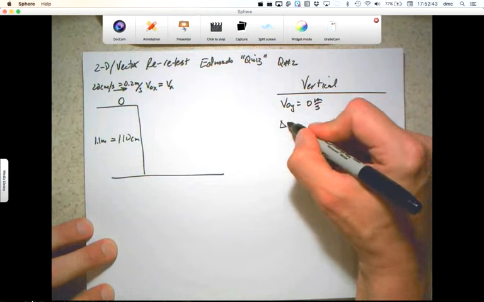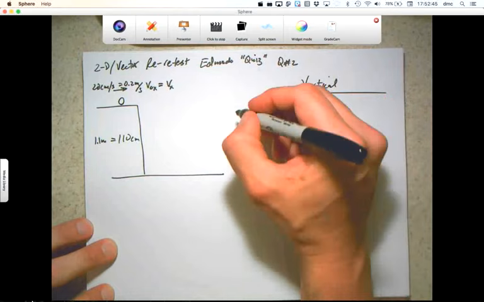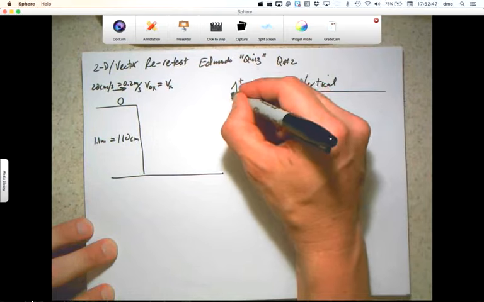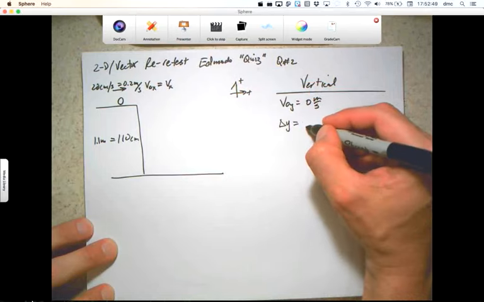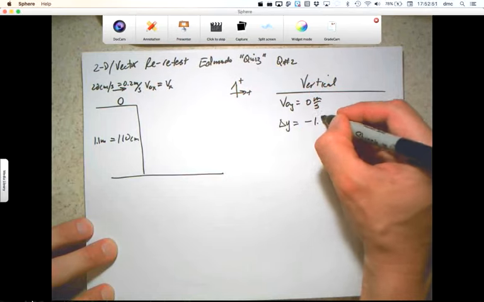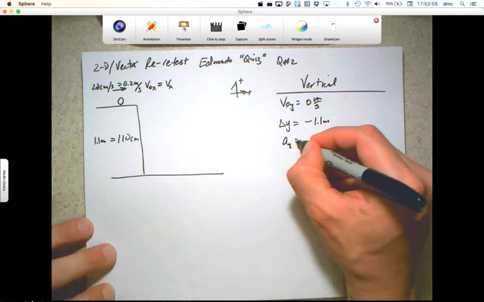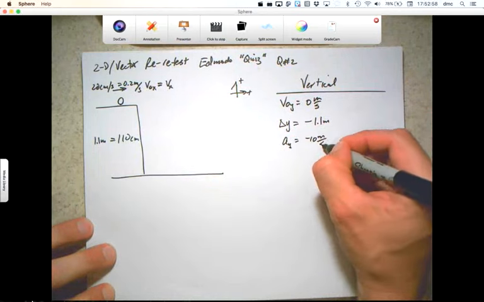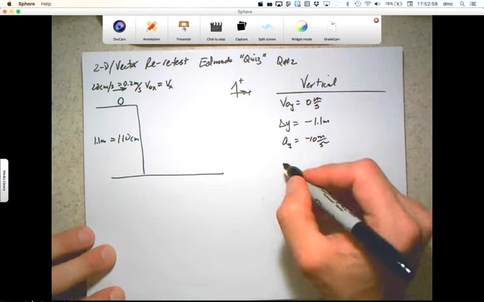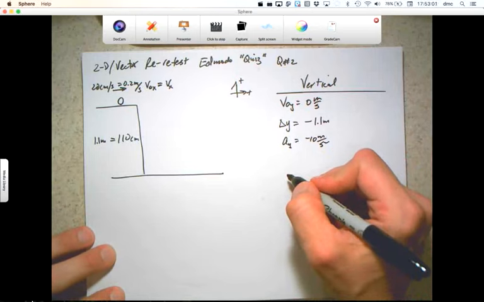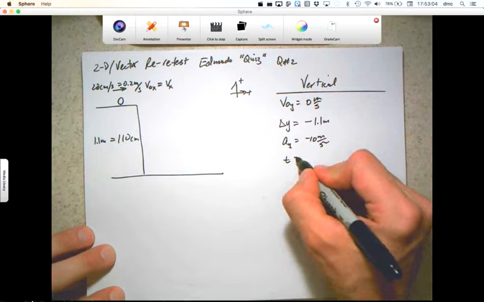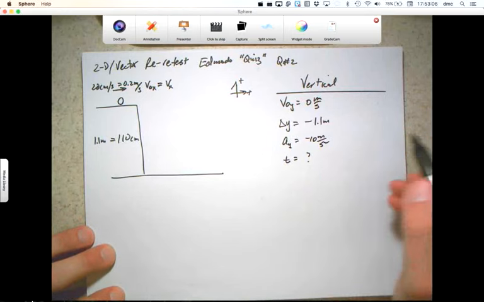I'm going to let up be plus and to the right be plus. So the change in position is negative 1.1 meters. The acceleration in the y direction is negative 10 meters per second squared. And the question is, how long does it take to hit the floor? So what's the time?